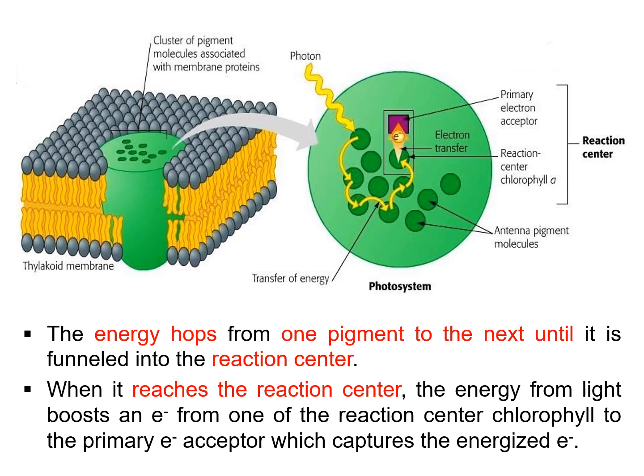It means that the hopping electron, or this energy, needs to be funneled into the reaction center. Why do they need to be funneled into the reaction center? Because the energy will be excited, kept or stored in this reaction center.